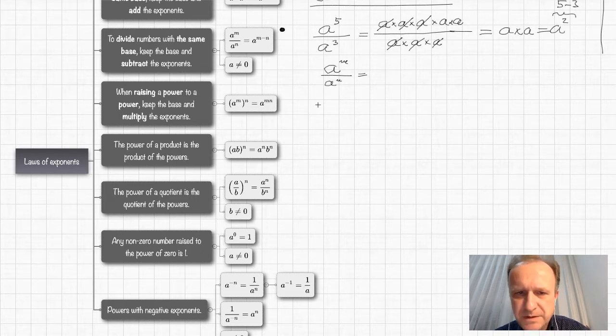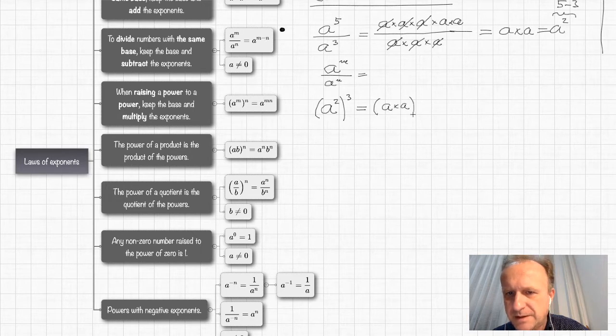To give you a particular example, imagine you have to evaluate a to the power of 2, all raised to the power of 3. Okay? Imagine that. So now if we want to simplify this or convert this to a different form, we can use the definition to replace a to the power of 2 by a times a, like this.